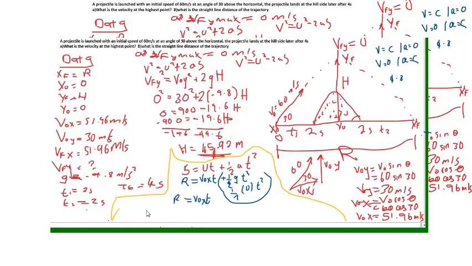Then if you compute your r now, you put your v initial, 51.96 in the x direction, times the time, which is equal to 4 seconds. So 51.96 by 4. When you compute that on your calculator, you'll find that the range is equal to 207.84 meters.